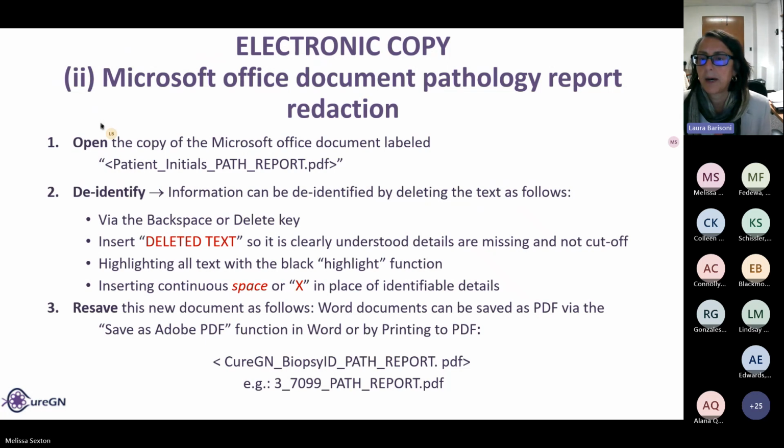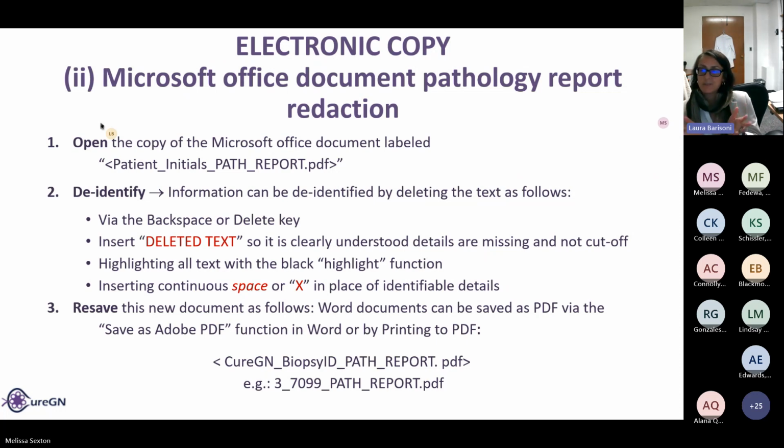Next, if you have a Microsoft Office document, you open the one labeled with the patient initials and so on, and you start the de-identification. You use the backspace or delete key to do that. You select the text that you want to de-identify. The best way, instead of leaving it blank, because sometimes it just doesn't make any sense, is to put XXX or put deleted text. So people who read that know that you deleted a portion of text there.